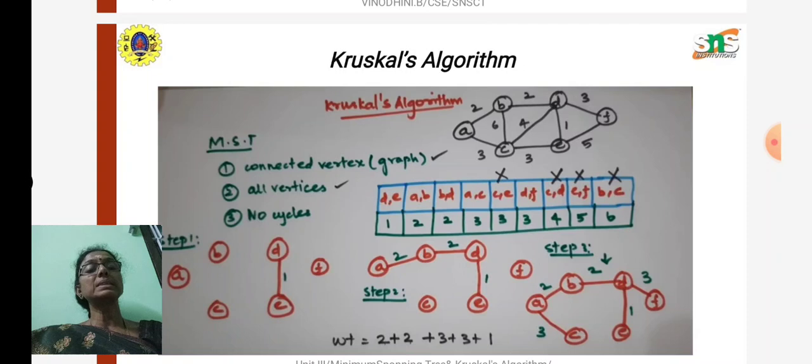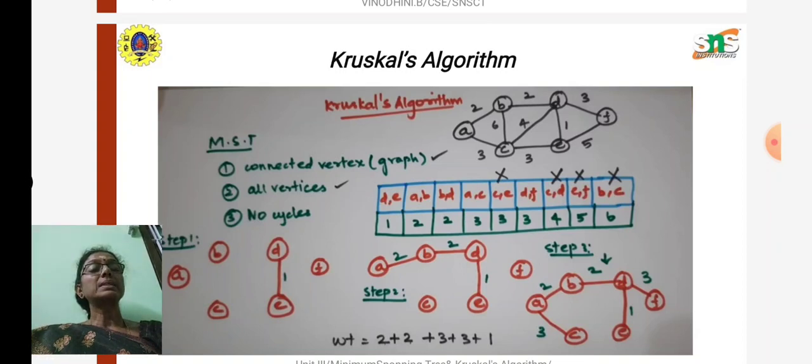Another edge is A to C. Before connecting it, we have to check whether the connected edge forms any cycle. If it forms a cycle, we should disconnect that edge. The next edge is C to E, but when we connect C to E, it forms a cycle, so we disconnect that edge.